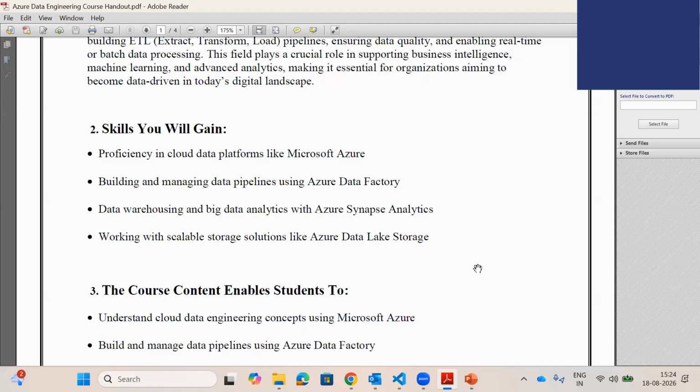So ADF, that is Azure Data Factory, is a service which is going to help us with ETL. It's a very important concept, a little complex, needs to be understood properly. And so we will go into detail about this particular service in Azure, that is Azure Data Factory. All right.